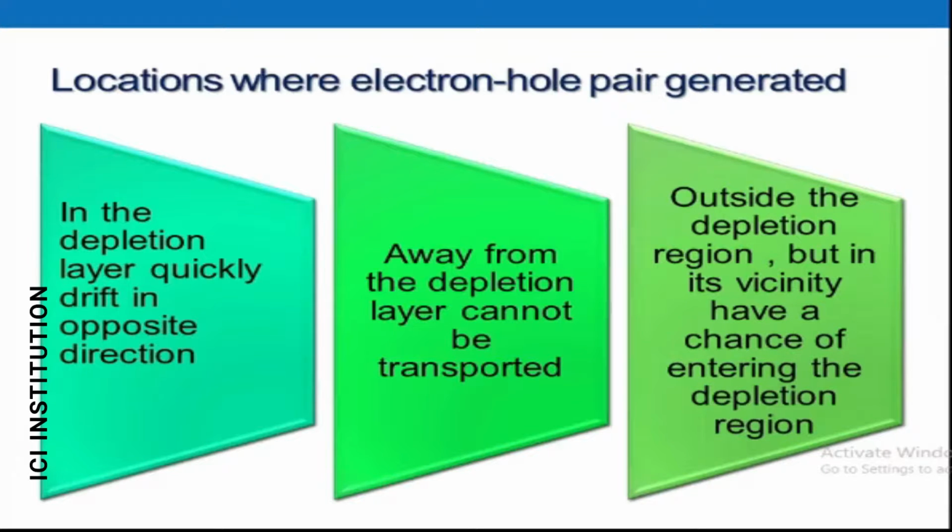There are, however, three possible locations where electron-hole pairs can be generated. First, region 1: electrons and holes generated in the depletion region quickly drift in opposite directions under the influence of the strong electric field. Since the electric field always points in the N to P direction, electrons move to the N side and holes to the P side.